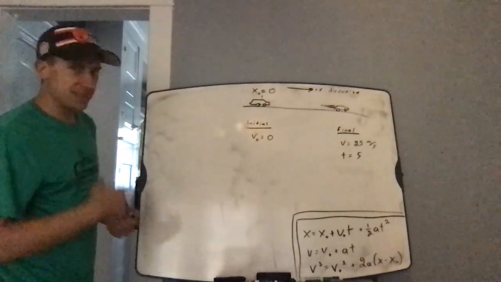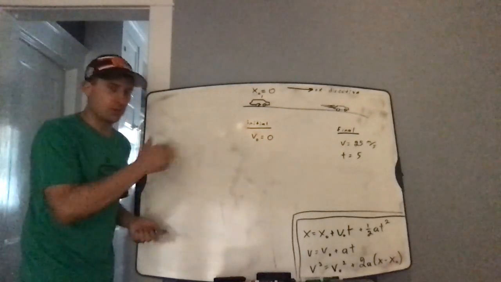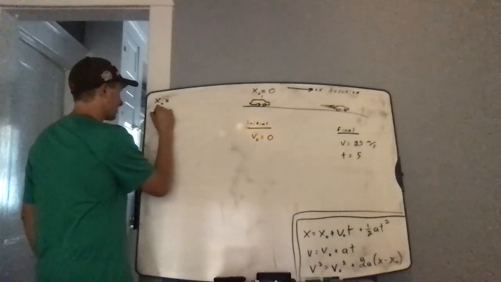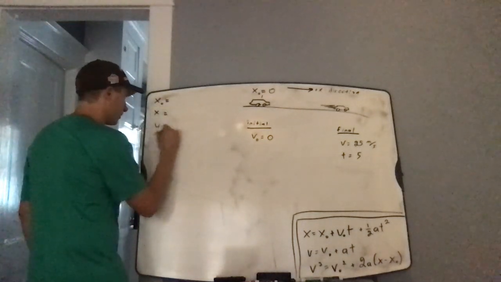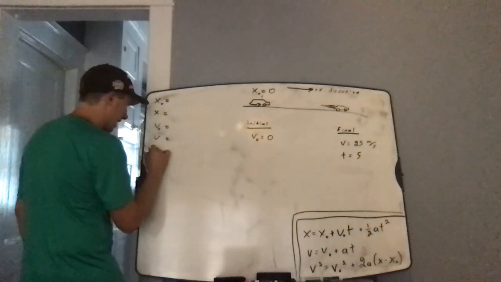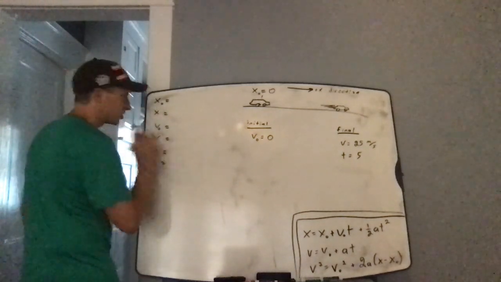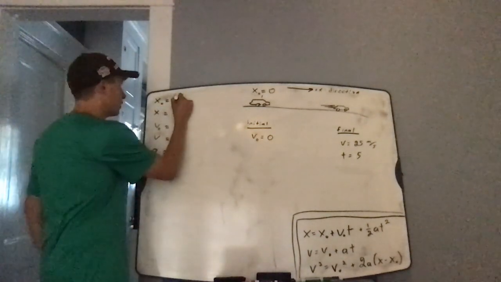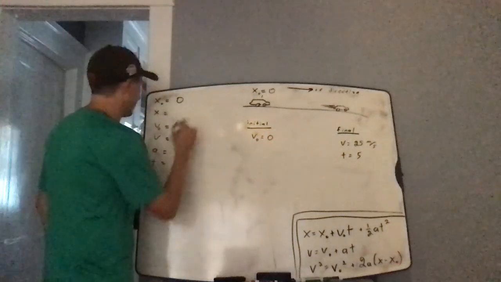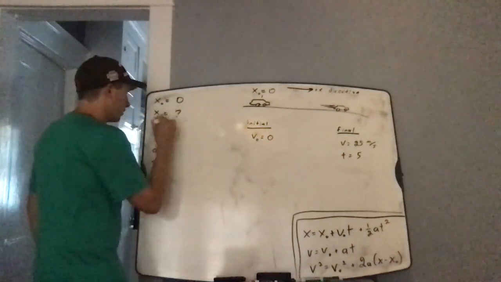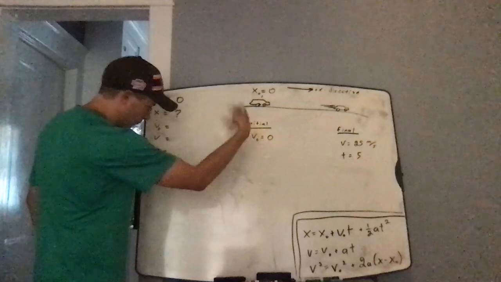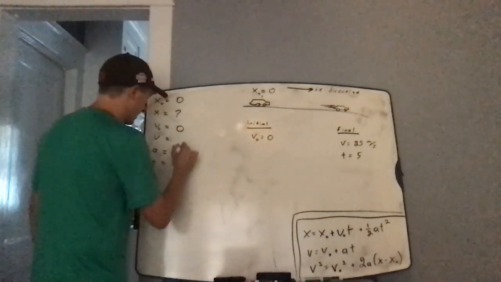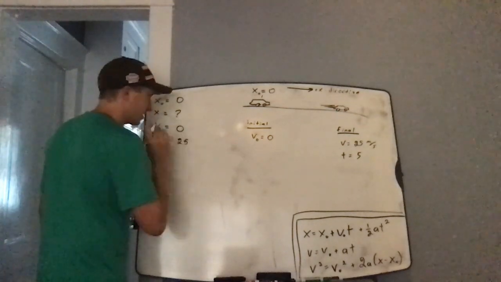So of the 6 possible variables in these equations, we have X initial, X final, V initial, V final, A, and T. Which of these do we know right now? We set X initial to be 0. We do not know what X final is. We were told initially the car is not moving, and at the end the car is moving at 25 meters per second.